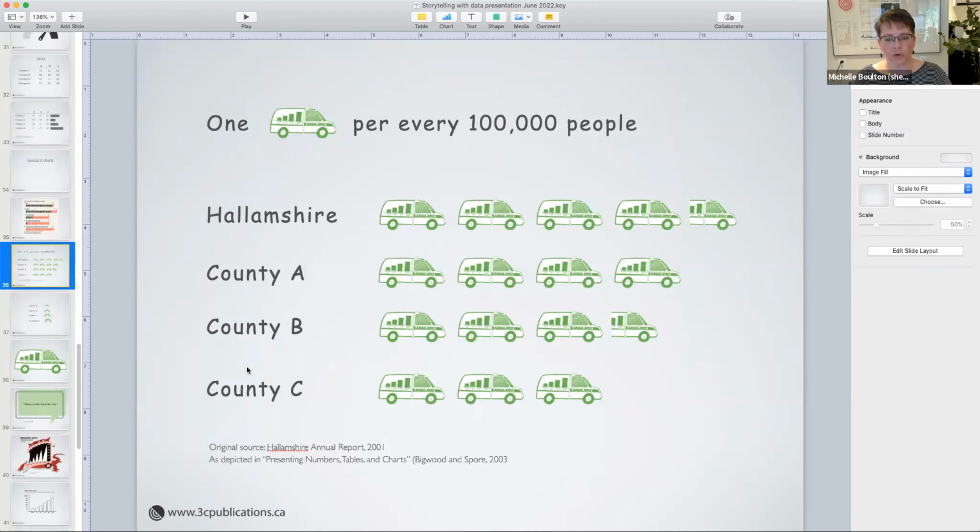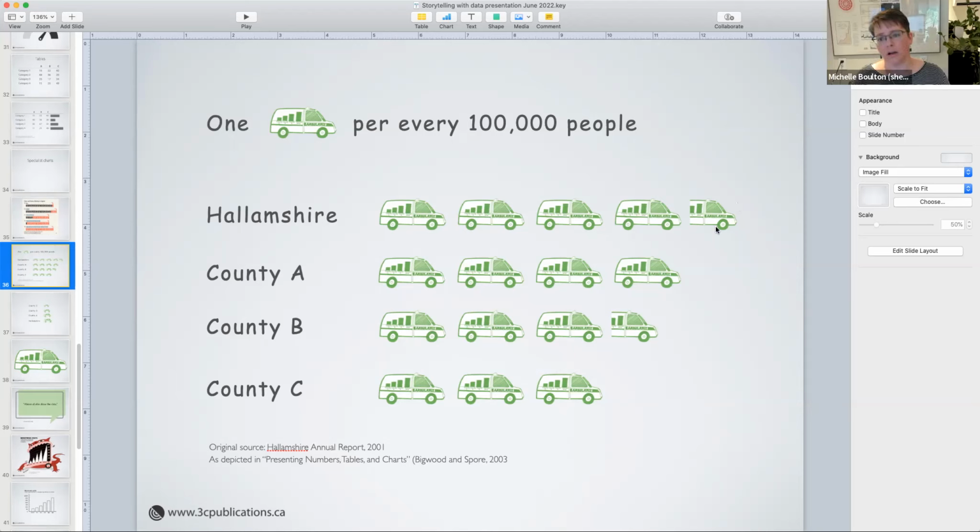So it's a very visual way to show the availability of ambulances per 100,000 people. It has some drawbacks, however. What you can see here is in certain places, we can't be very precise because we don't have an even 100,000.